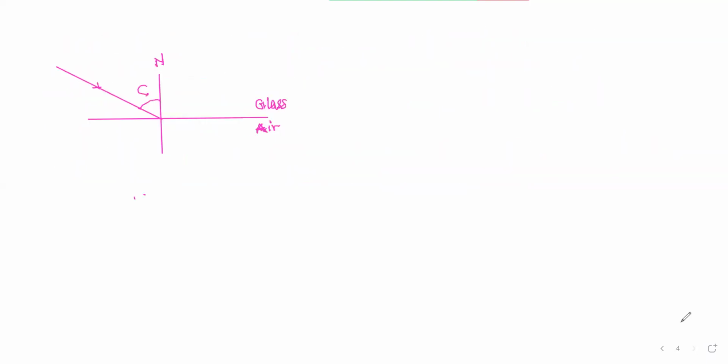Okay. All right. So we are just assuming that we are at the critical angle of the material, C. So if we have an idea of the critical angle of the material, then the refracted ray is just here. It's just on the boundary.